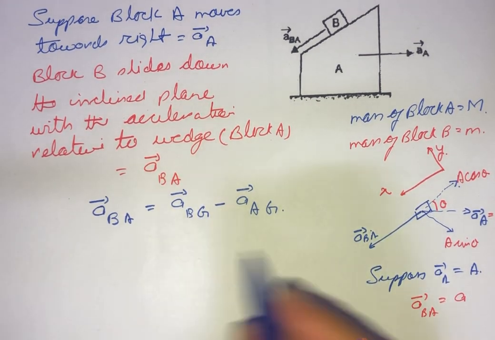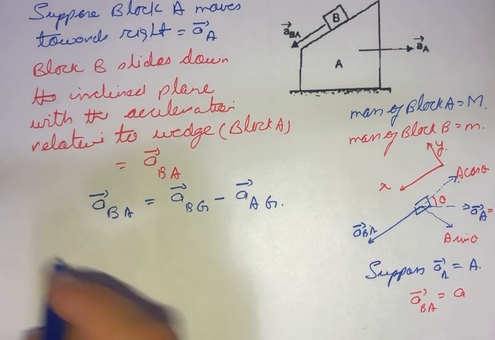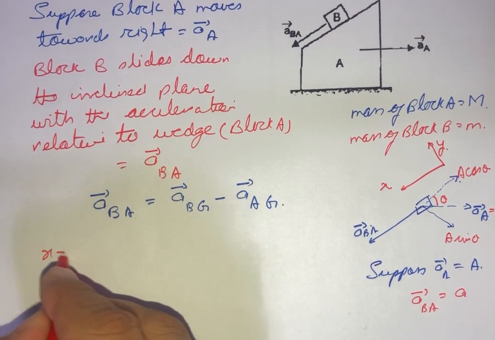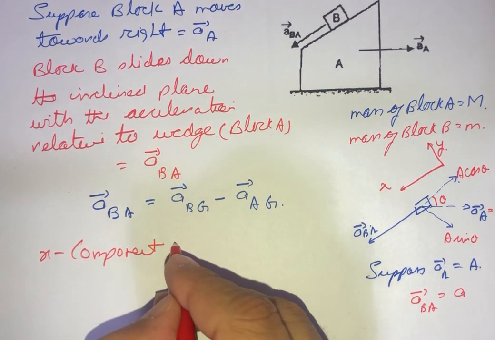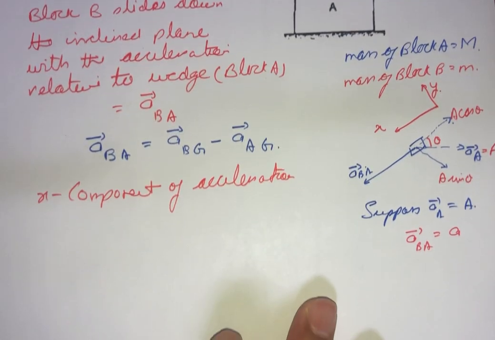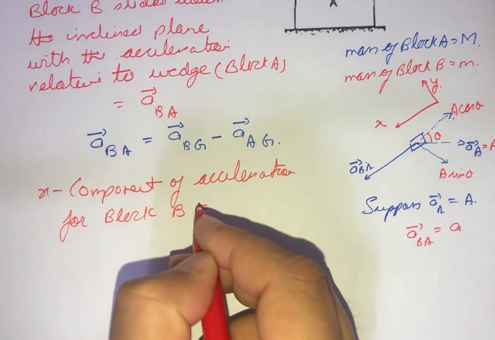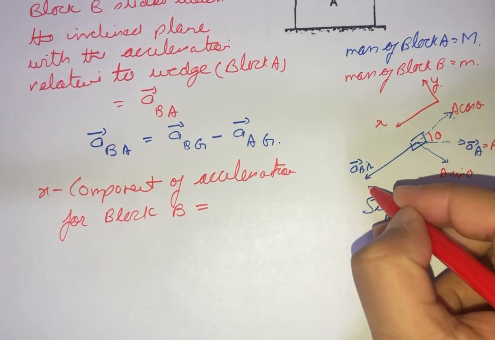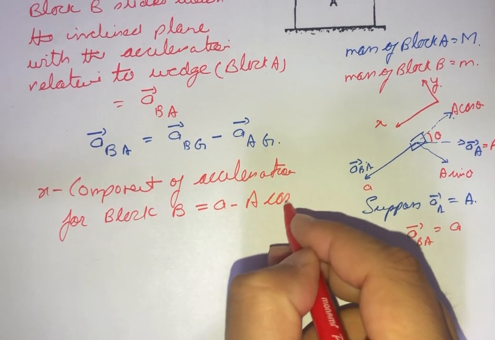Based on this, we can say that the x component of acceleration for block B will be equal to, since this is moving with a in the downward direction, net a minus A cos theta.